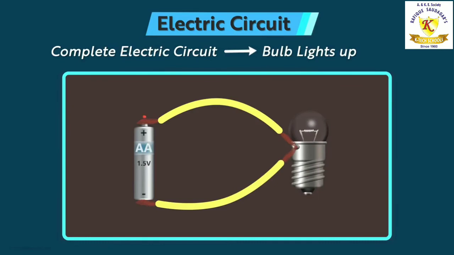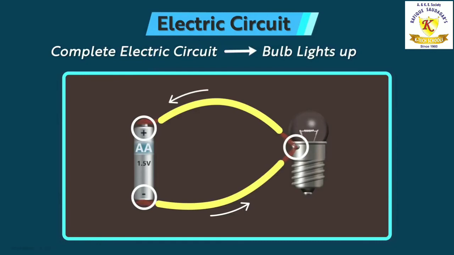Here, both positive and negative terminals of the battery are connected to only one terminal of the bulb. So, what's happening here? The energy is flowing from the negative terminal of the cell directly to the positive terminal of the cell.